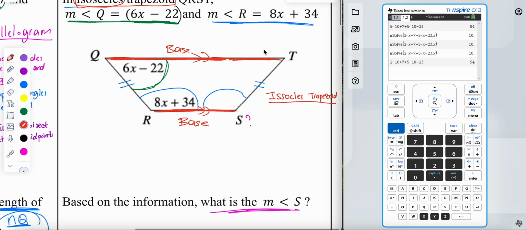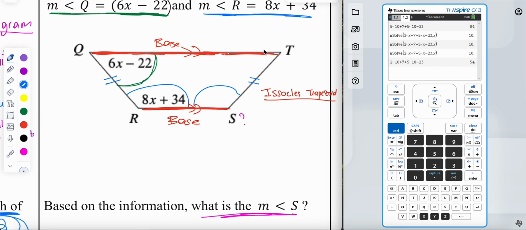All right. So we spoke about how in an isosceles trapezoid, non-parallel sides are equal. Now it has two bases. Notice that the angles alongside the base in an isosceles trapezoid, these two angles down here, are congruent.